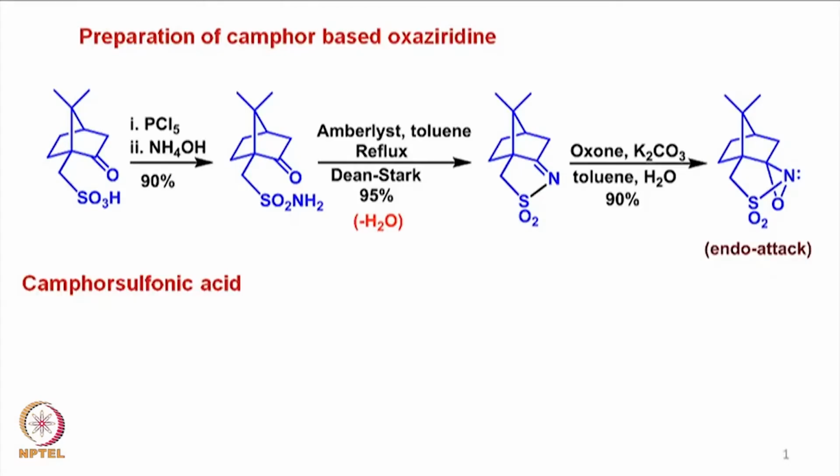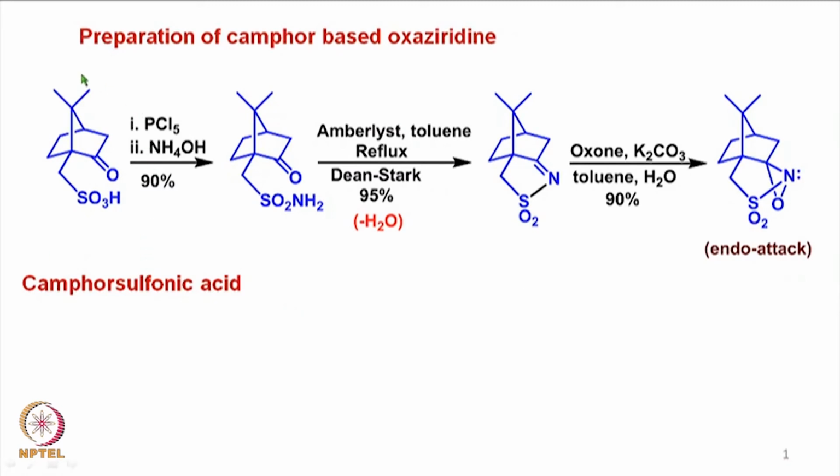Now how do we make camphor based oxaziridine molecules which will be useful for reacting as chiral oxaziridines for introducing alpha hydroxy group next to a ketone or any other oxidation?